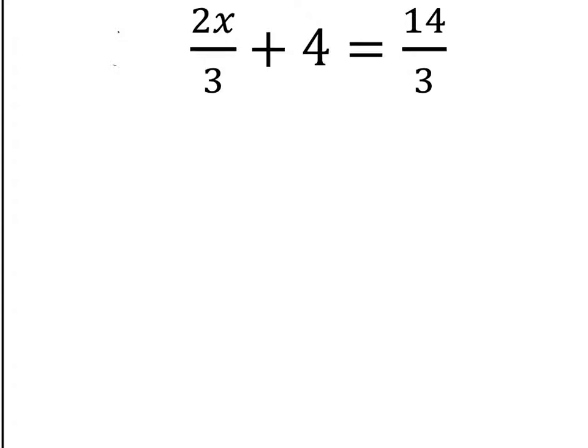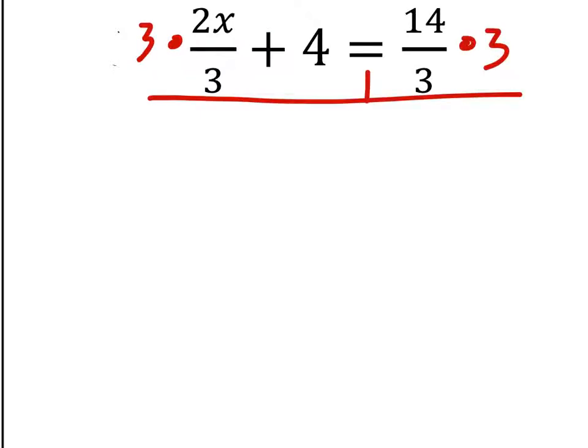So, first thing that I think would happen is you take the 2x over 3, 14 over 3, and you multiply by 3. There you go. And this would become 2x plus 4 equals 14.